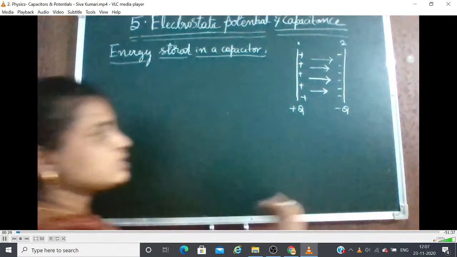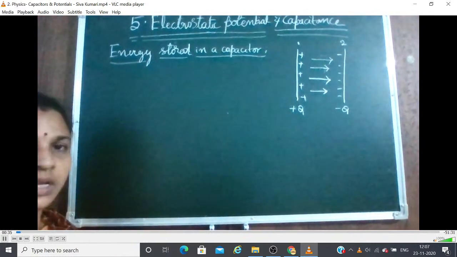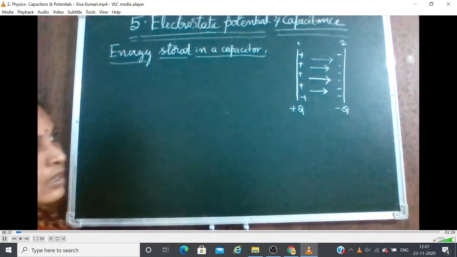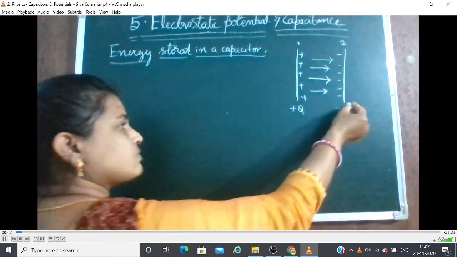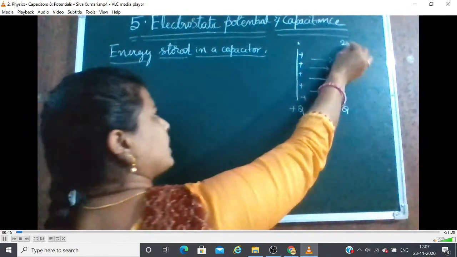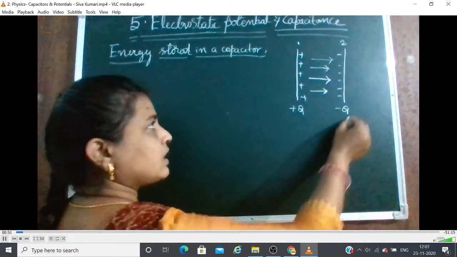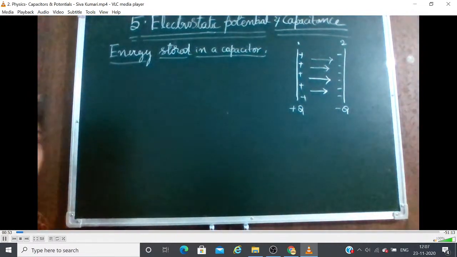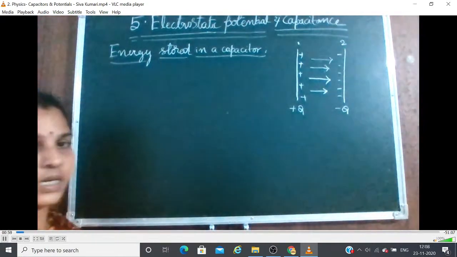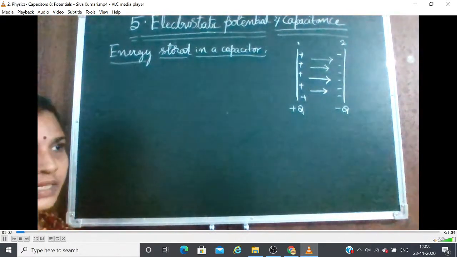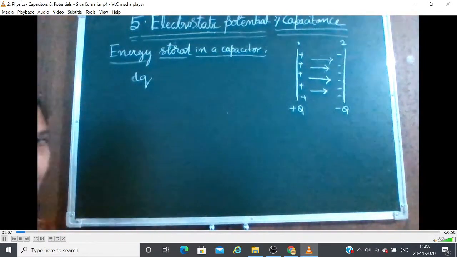For that, consider two conductors which are initially uncharged. After that, suppose some positive charge is transferred from the second conductor to the first conductor, in small installments, a small amount of charge dq.